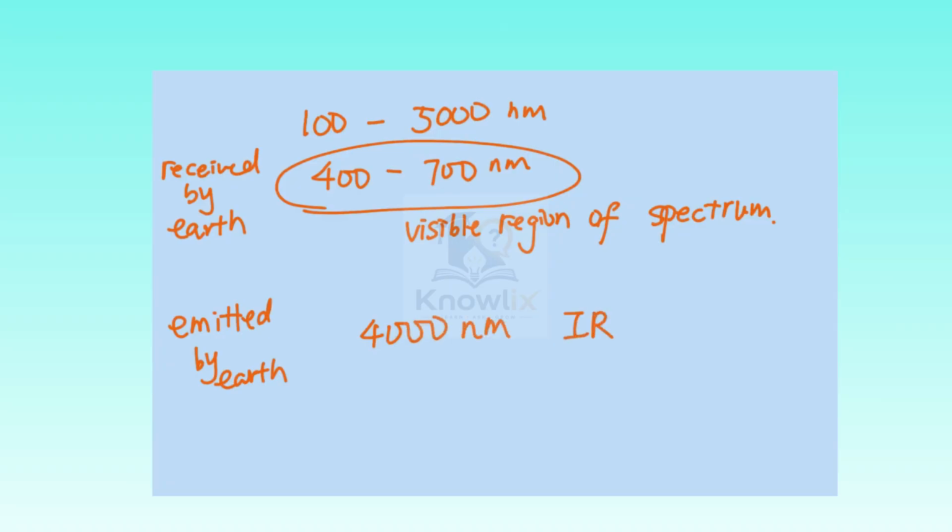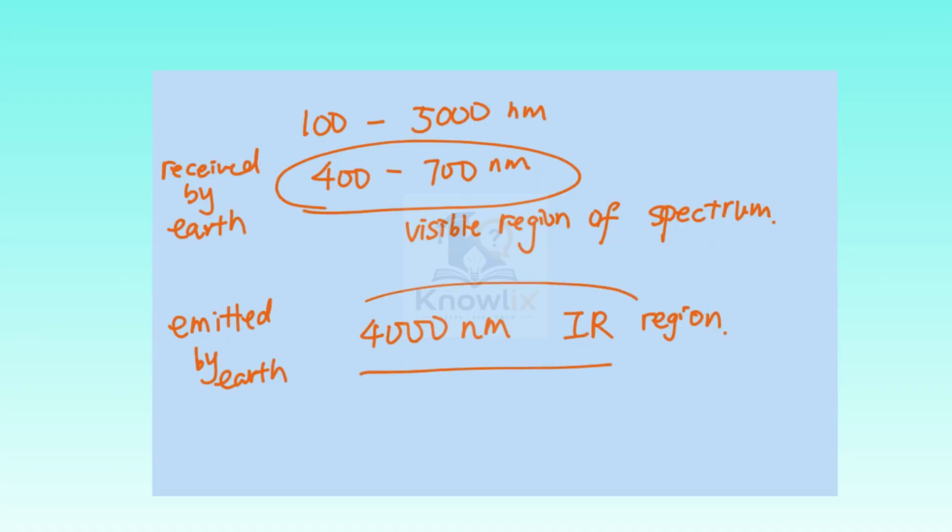That's the infrared region, okay? So why is that? Right, so the reason is Earth's surface temperature is much lower than that of the sun. So the wavelength emitted by Earth is longer than 4,000 nanometers.